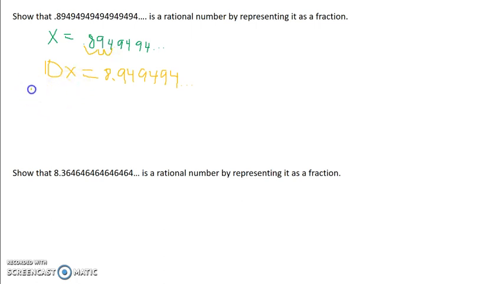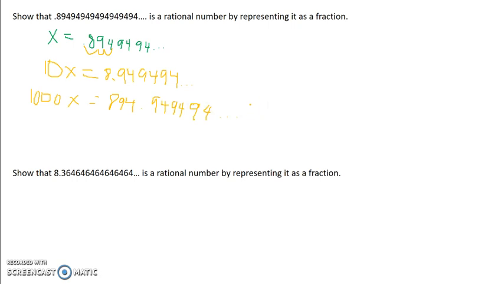So I need to multiply by 1,000. So 1,000x is equal to 894.94, 94, 94, and so on.